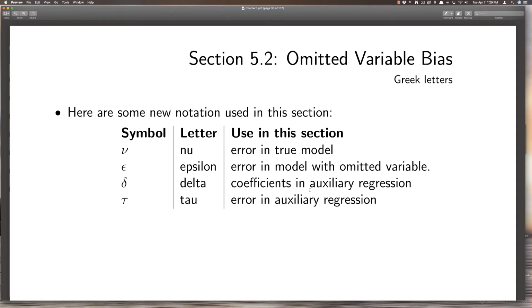We're going to use the machinery of linear regression to help us understand linear regression even better. We do that by doing a kind of thought experiment called an auxiliary regression. It's not a regression we're going to actually run, but it's a way of thinking about the relationship between the omitted variable and the included variables.